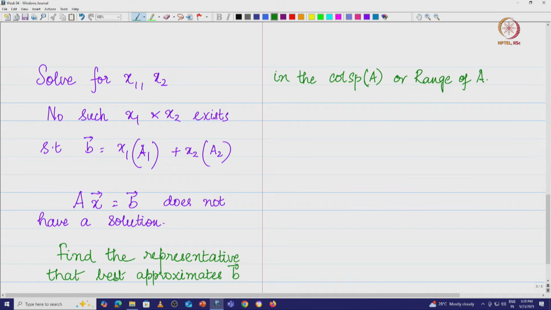The moment you say that you get the representative which best approximates in the column space of A, it boils down to the problem that we have already solved. That means what is that vector which best represents B in the subspace, which is the column space of A. So how do we get this best representative?